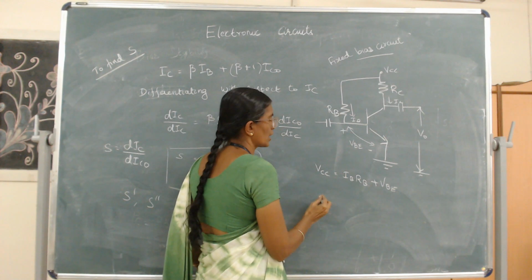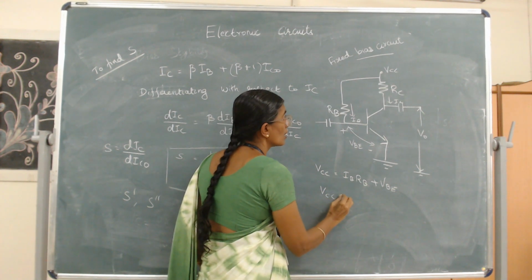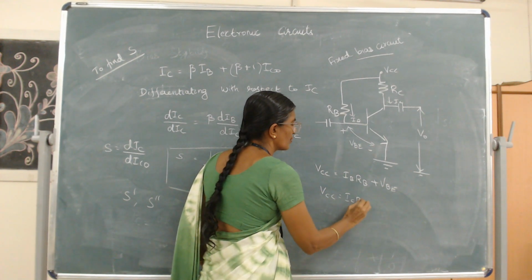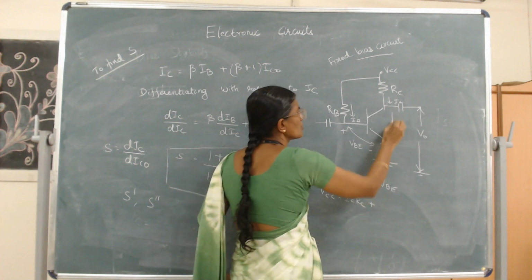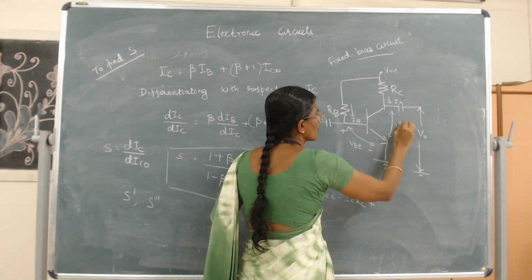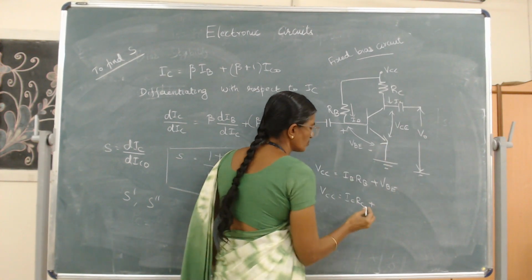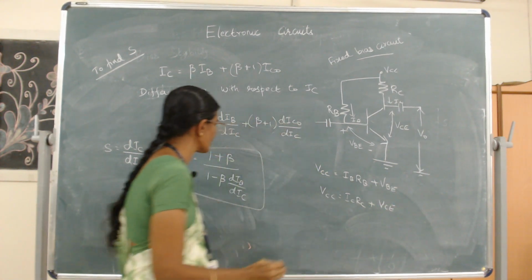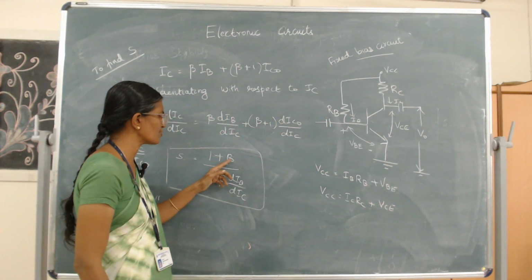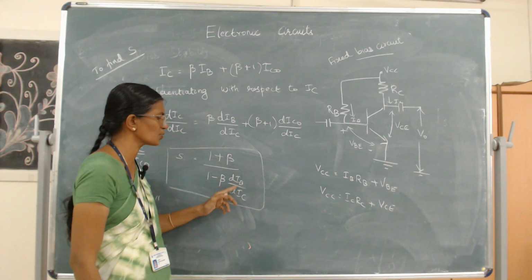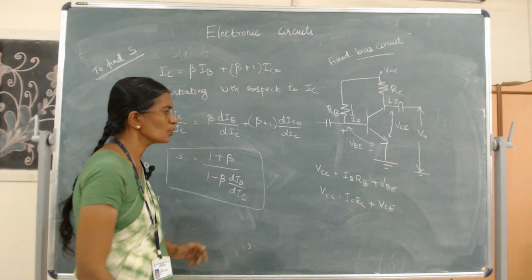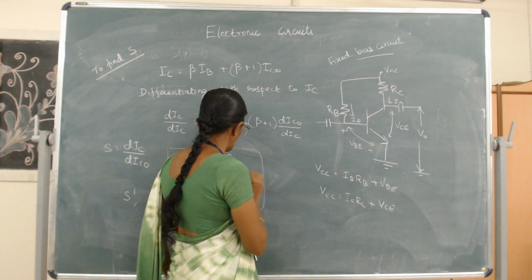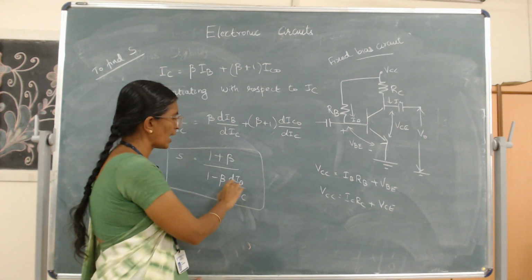On the output side, VCC is equal to IC RC plus this voltage, which we call VCE. S is given as (1 plus beta) divided by (1 minus beta into dIB by dIC). So here I want to find out the value of dIB by dIC.